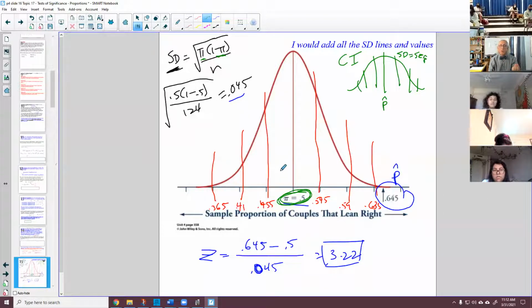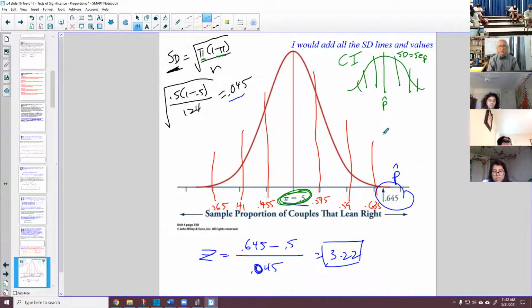When we're doing a confidence interval, we're using p hat. So we made our diagram. Everybody okay with that? We're good?